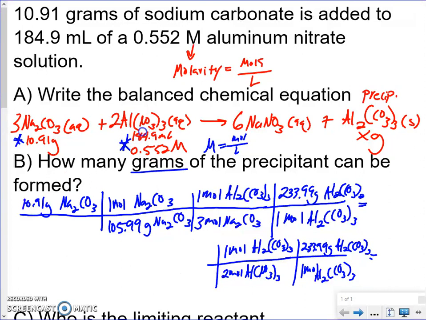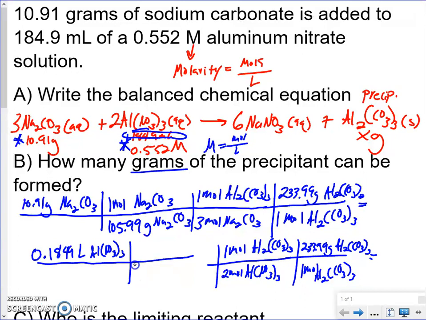I can start with my given being my volume. So I can go 184.9 milliliters, or I can convert that into liters one way or the other. I'm going to start with it in liters. So 0.1849 liters of my aluminum nitrate solution. From there, I can now use my molarity as my ratio, because it is a ratio.